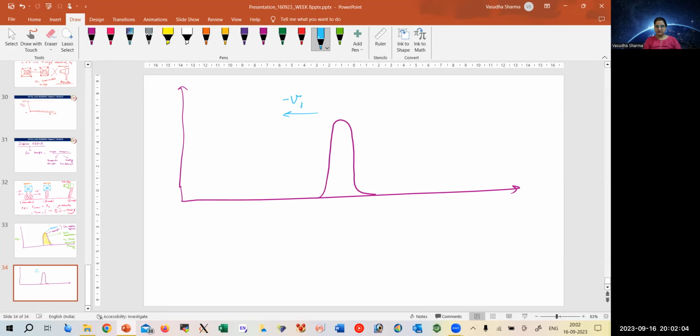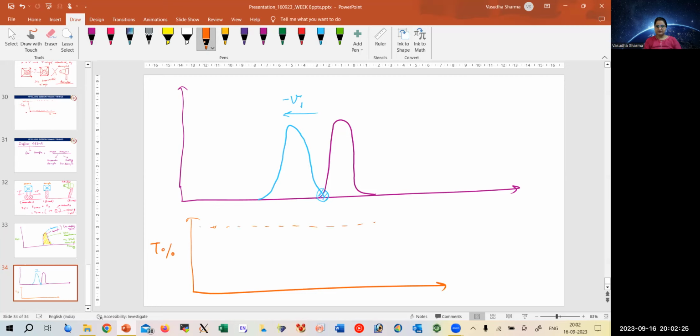So it has a region which is the overlapping one. Correspondingly, we will draw the transmittance graph also. If absorbance is this much, my transmittance would be maximum here. So this is minus V1.